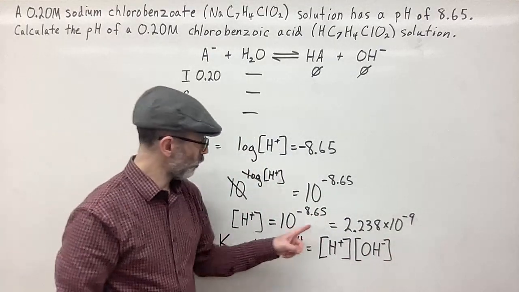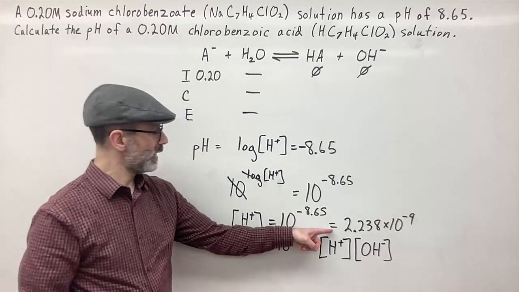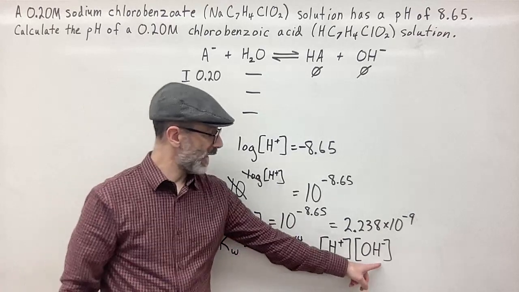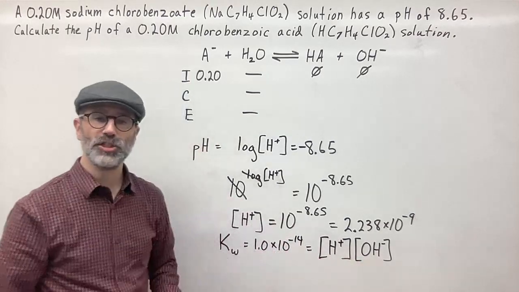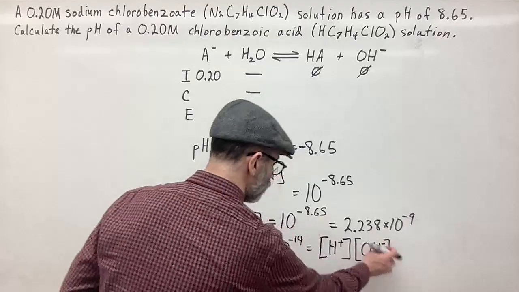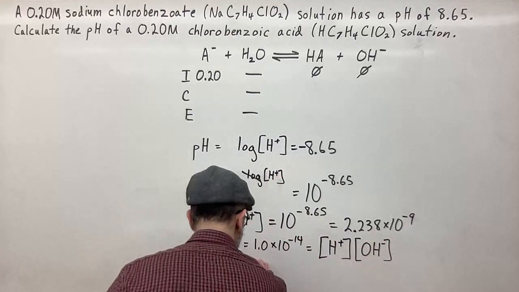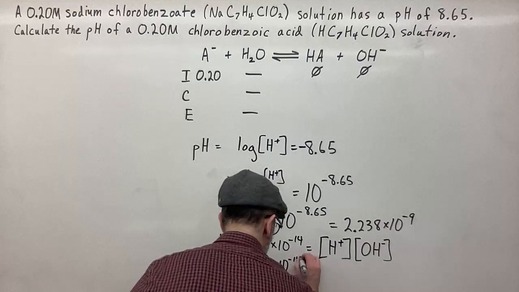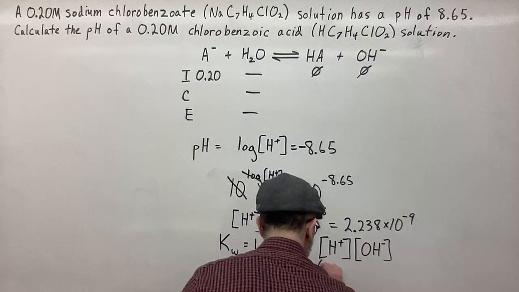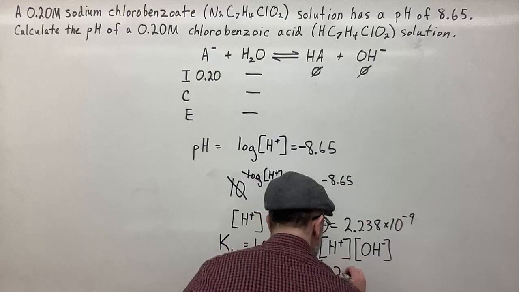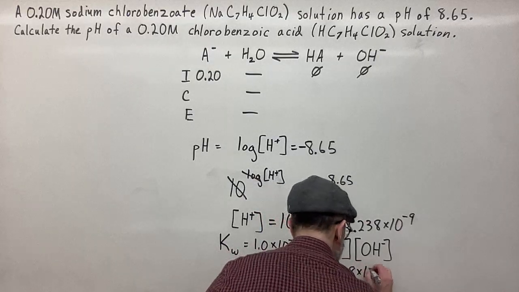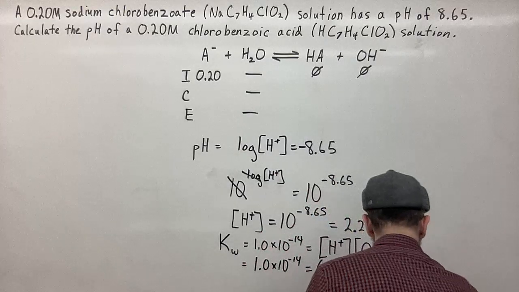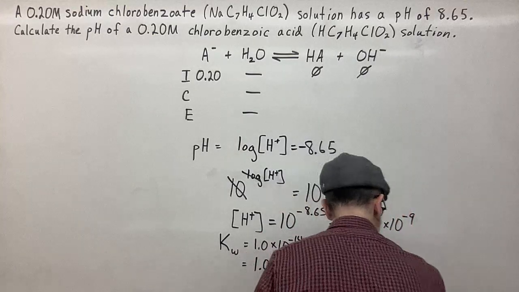Well, I just solved for the H+ concentration here from the pH, so I can plug that in and then solve for the hydroxide ion concentration. So then I plug that in: 1.0 times 10 to the negative 14 is equal to 2.238 times 10 to the negative 9 multiplied by the concentration of hydroxide, OH-.